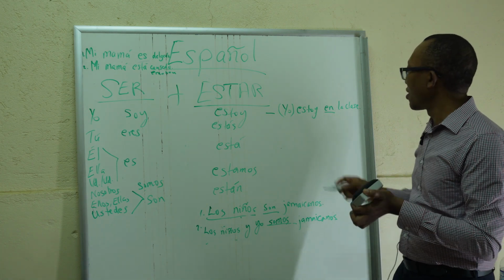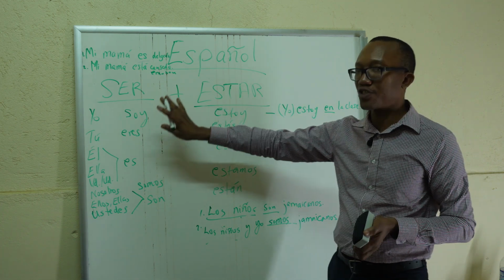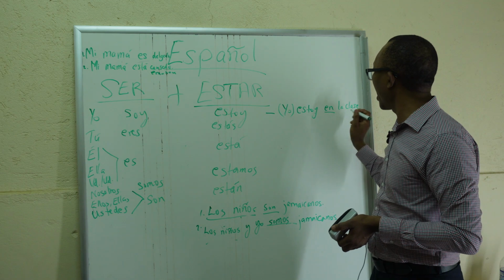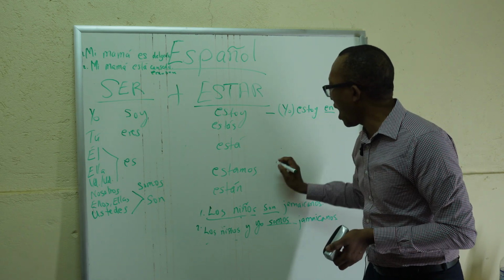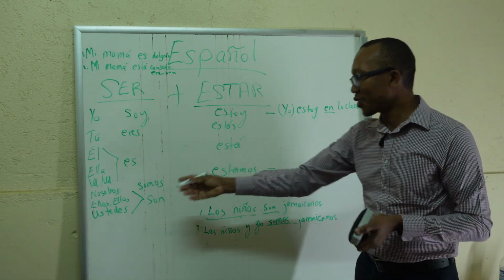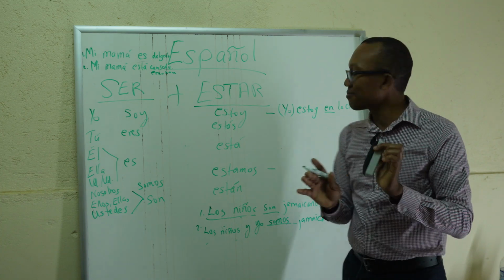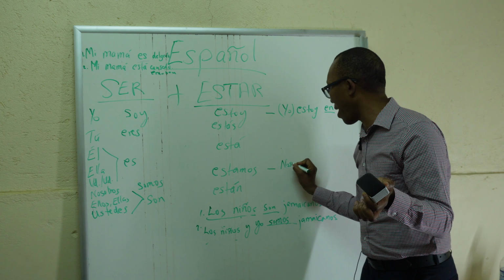So therefore, you will have to use the form of estar and not ser, right? So estoy en la clase. We are in class. You and I, right now, we are in class. So nosotros, again, we do not have to say nosotros. Just say estamos, but we're going to put it there for practice.